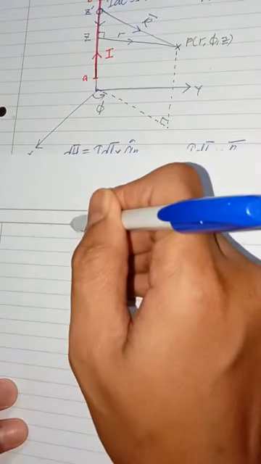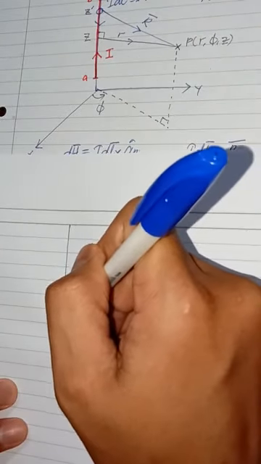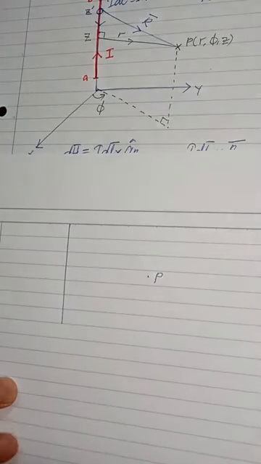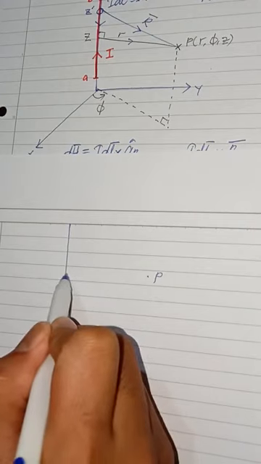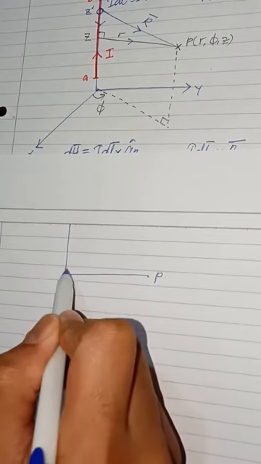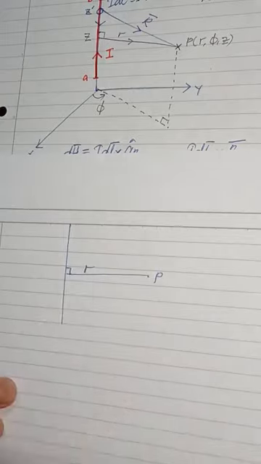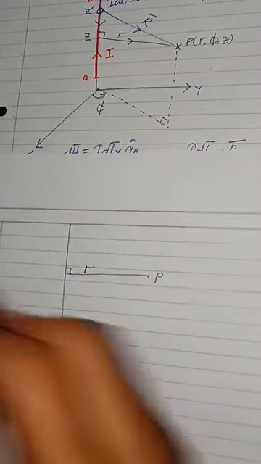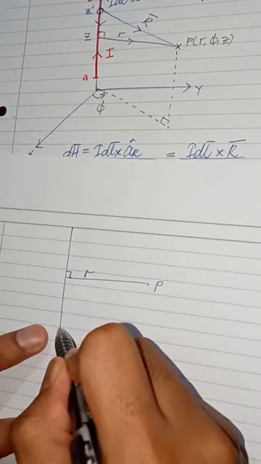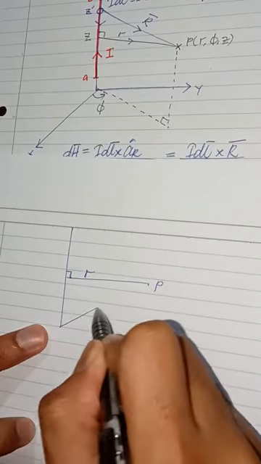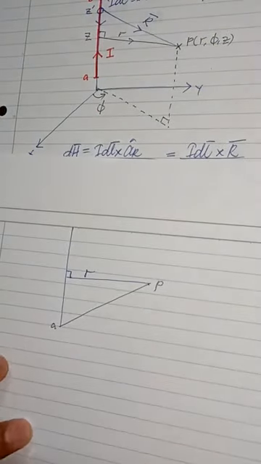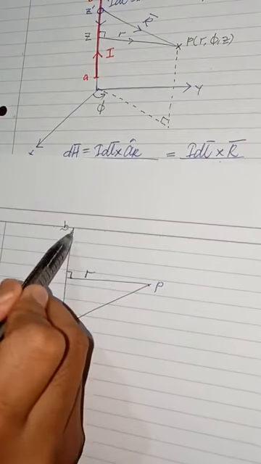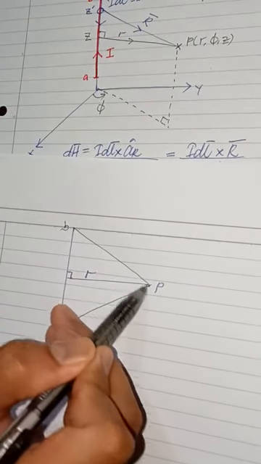So let's say that's your triangle showing our line current just now, and then this is your point of interest. So let's join them, and this is our radius, which is normal or perpendicular from the line current to the point of interest. And this is our joining line from the lower limit, which is A, to the P. And then this is B, your high limit, and this is your line joining from the high limit to the P as well.